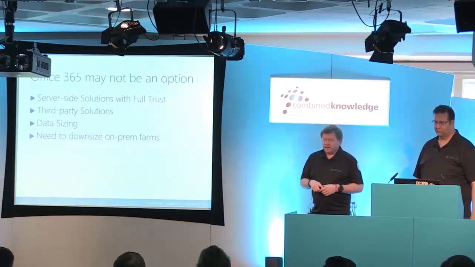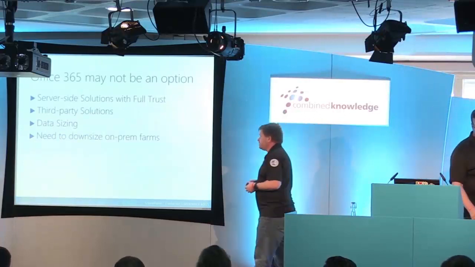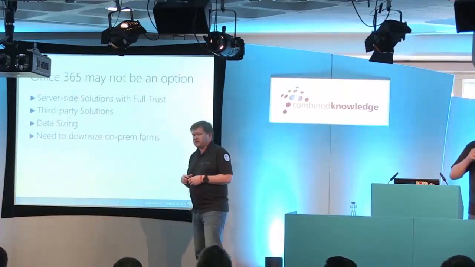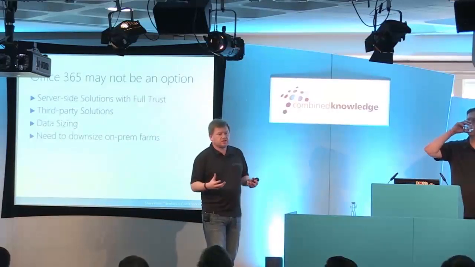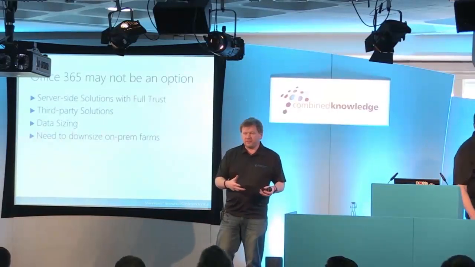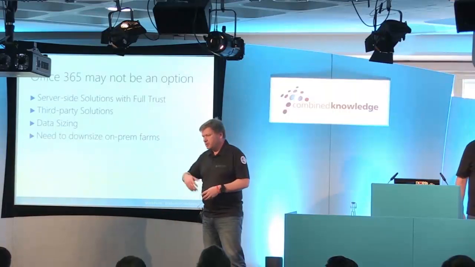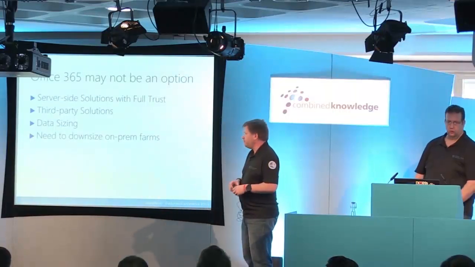Finish with that. When it isn't an option, this is generally why. So server-side solutions, full trust code. There's lots of sessions this week talking about converting full trust code to the various app models, CAM models, whatever you want to call them.